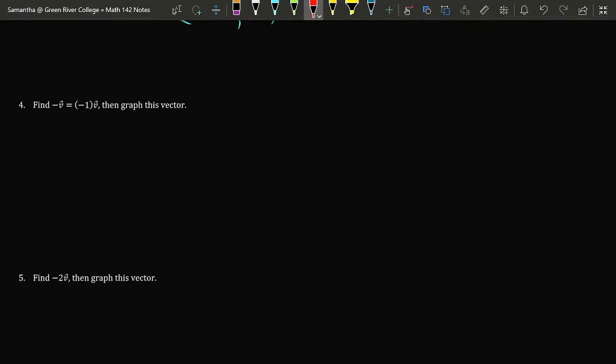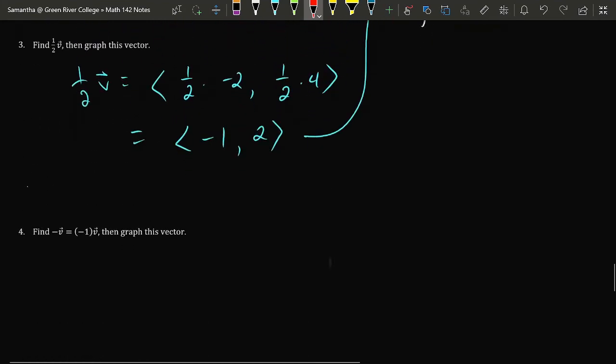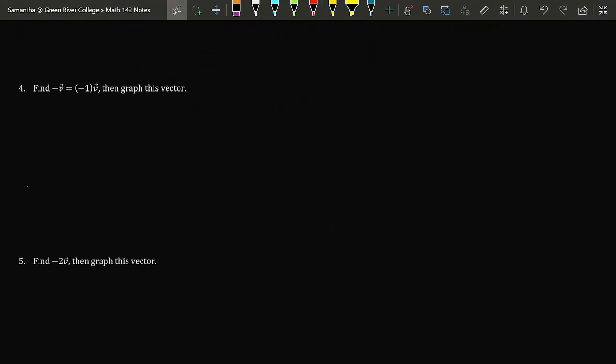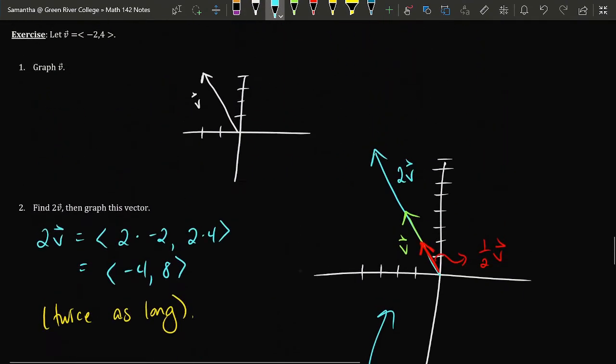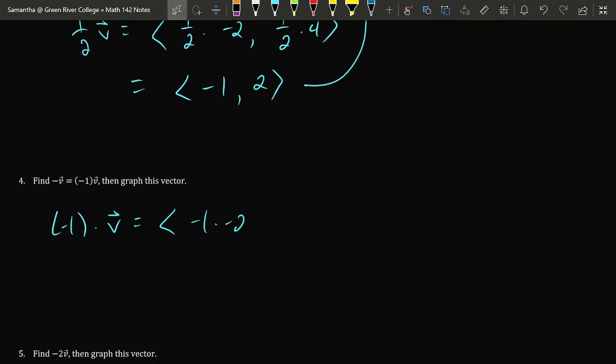Now if you had to guess, what do you think would happen if I took the vector v and multiplied it not by a positive number, but by a negative number? For example, -1. If I scale component-wise by -1, then the -2 in the lead is going to get changed into a +2, and the 4 in the back is going to get changed to a -4.